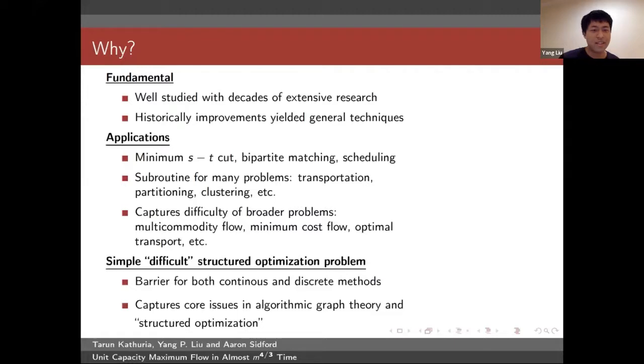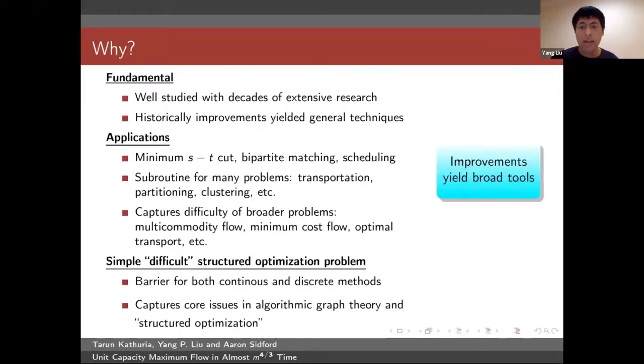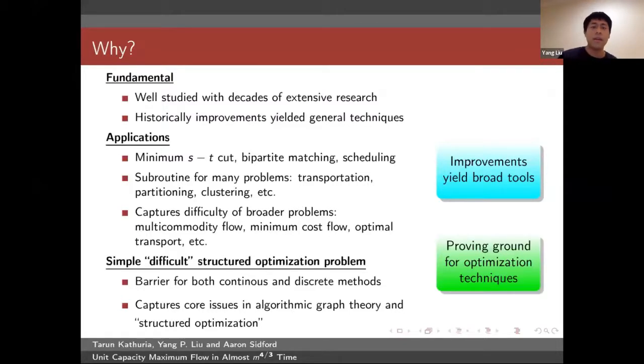In general, it's a very simple, structured optimization problem, and therefore new techniques on it have led to very general techniques for problems even beyond max flow. Anytime there's been an improvement to max flow, it's been applied in other settings, such as even regression problems. And it really gives us a good place to test new optimization techniques and see how they look.